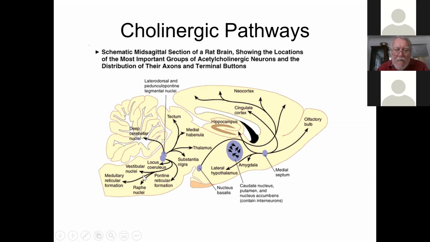The nucleus basalis very often is activated by alertness and arousal coming from noradrenergic activity. So the nucleus basalis is providing excitation into many different parts of the neocortex during periods of time that may be high in arousal or high in selective attention.